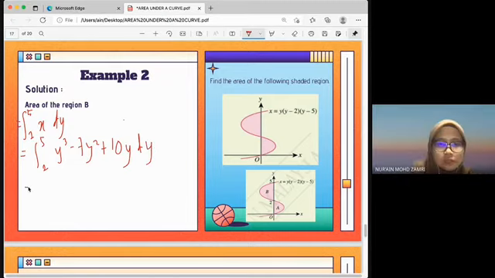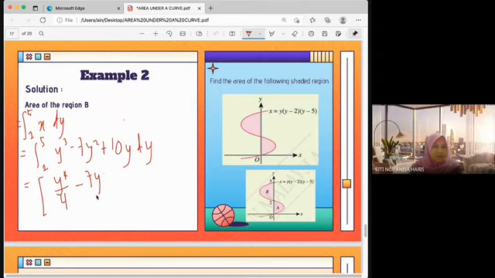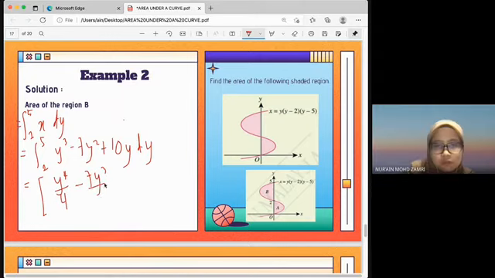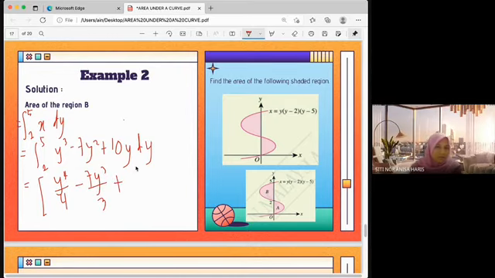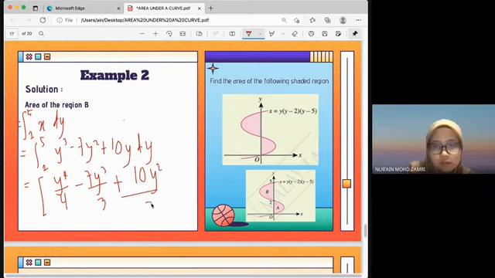So when you integrate, you will get the same as at region A, which is y to the power of 4 over 4 minus 7y cubed over 3 plus 10y squared over 2.